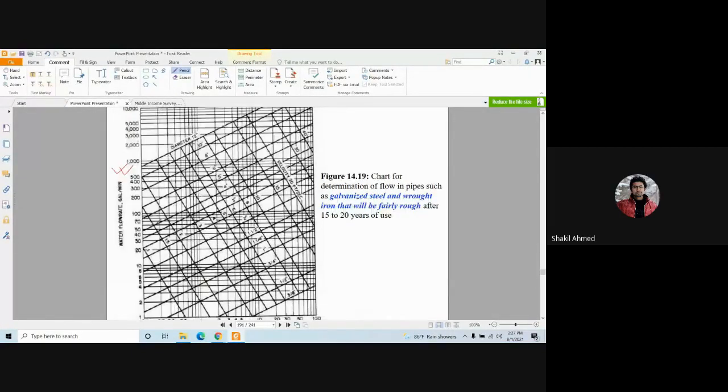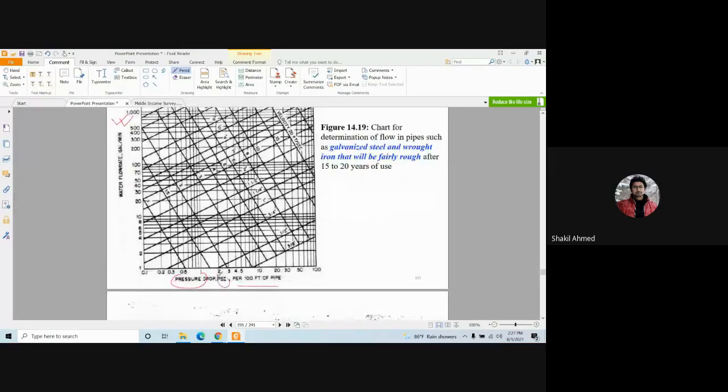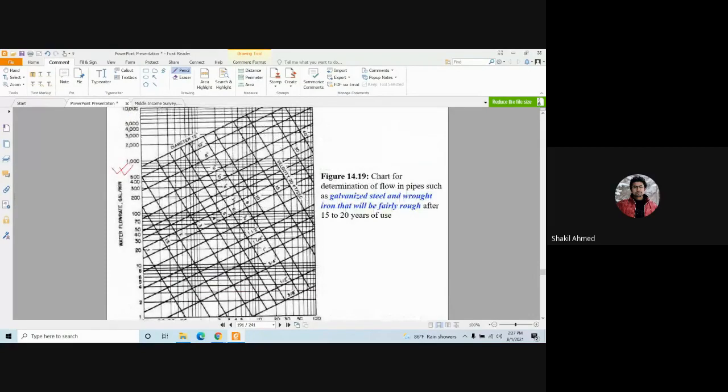To calculate this loss, you need to have the water flow rate, as well as the size of the pipe.